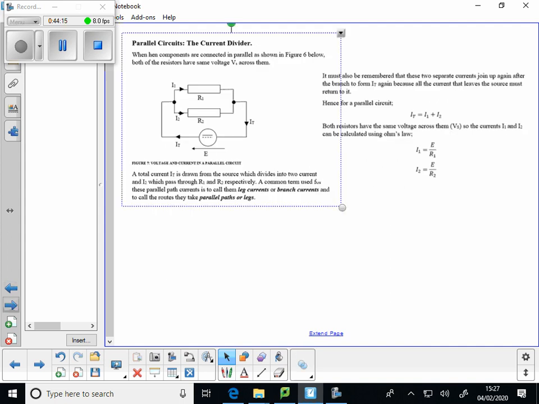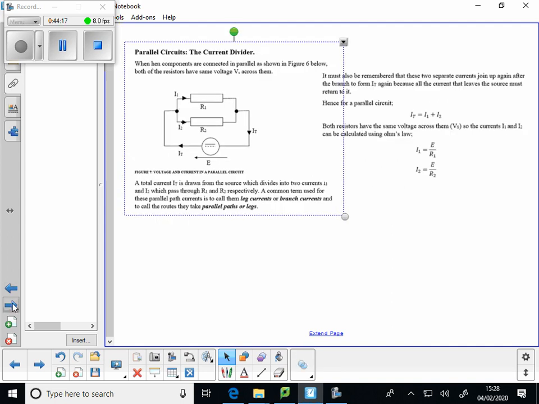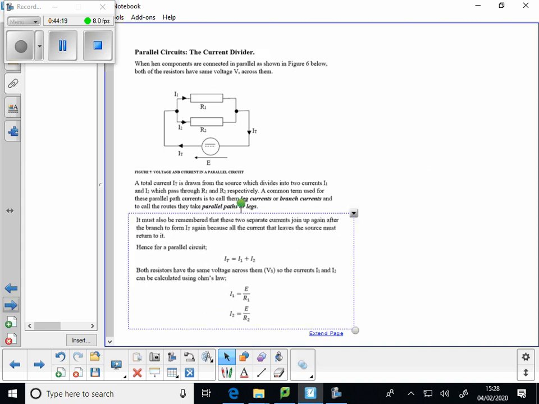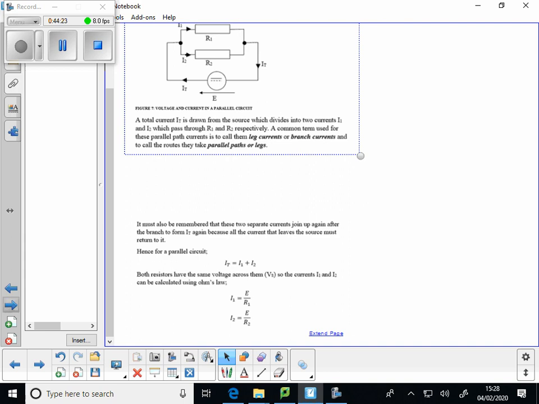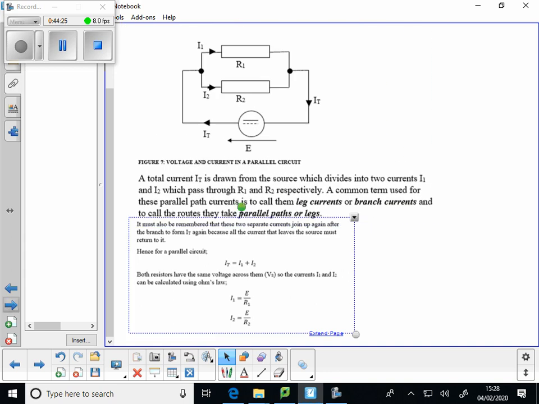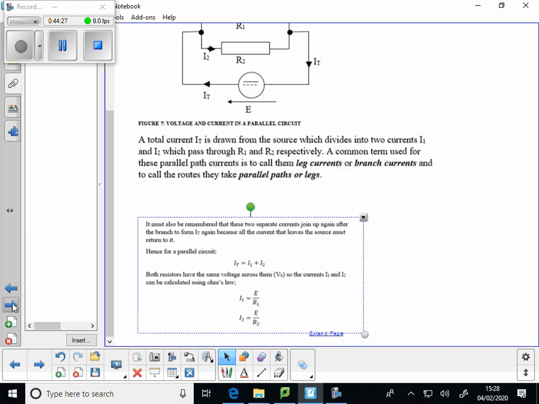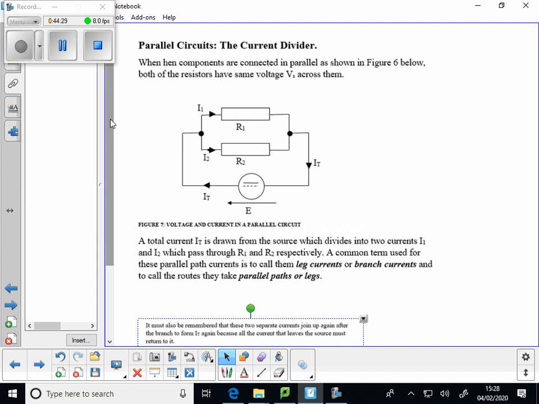Parallel circuits. When components are connected in parallel, and that's a parallel-only combination, then the voltage drop across each of them is the same.